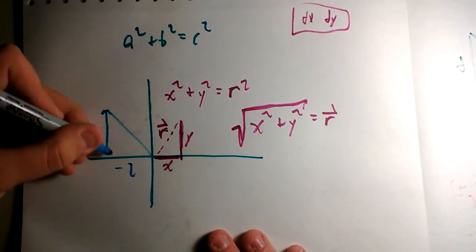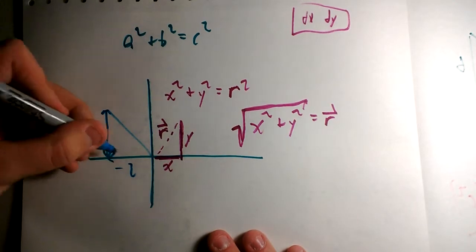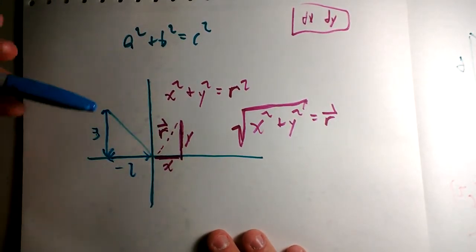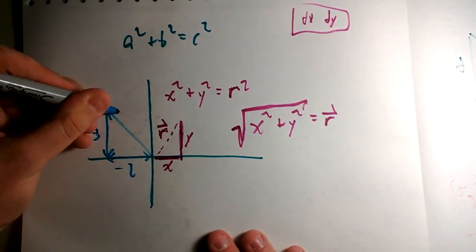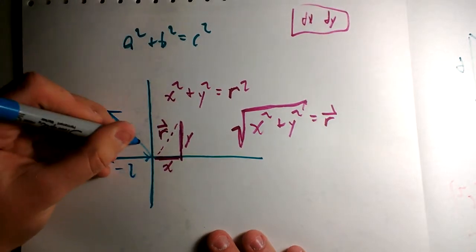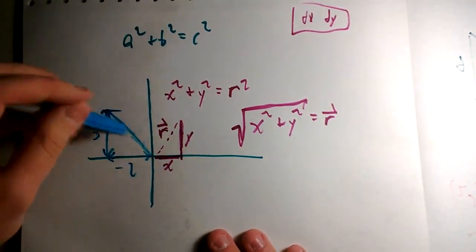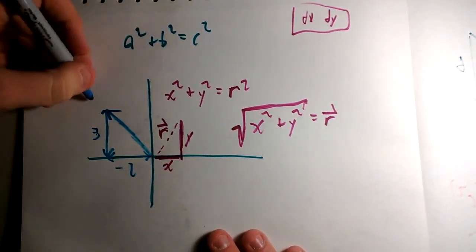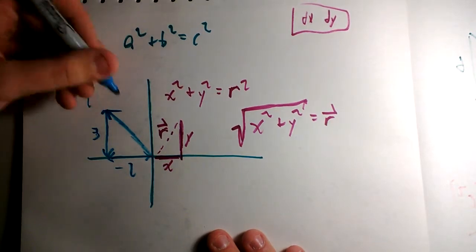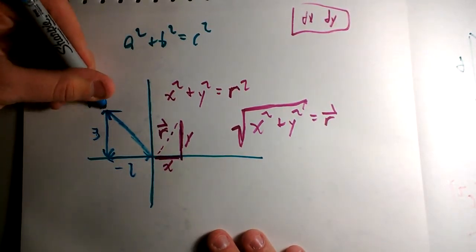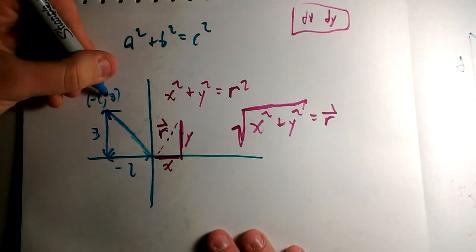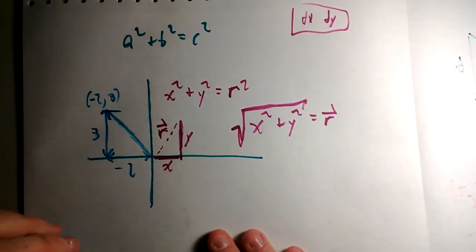That's your y component, your y distance here, and no x distance here. Then you make an arrow, pointing away from the center. It's always connected to the center, in this case. And if you did coordinates, you'd say, oh, that's -2, 3. 3 is your y, -2 is your x.